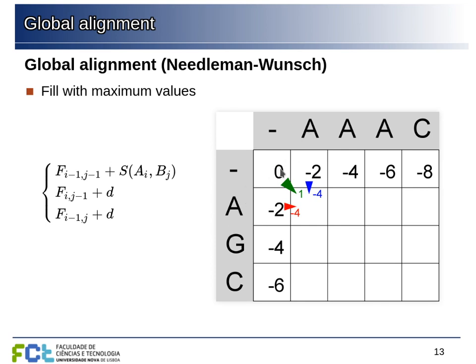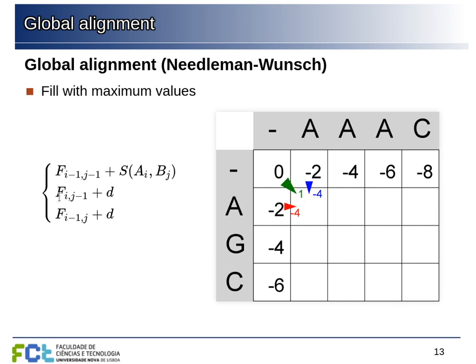And to that score, we're going to add the match between this residue and this one. In this case, they are identical. We add 1, and this would be what we would get if we simply consider everything that comes before, which in this case is 0, and then add 1.